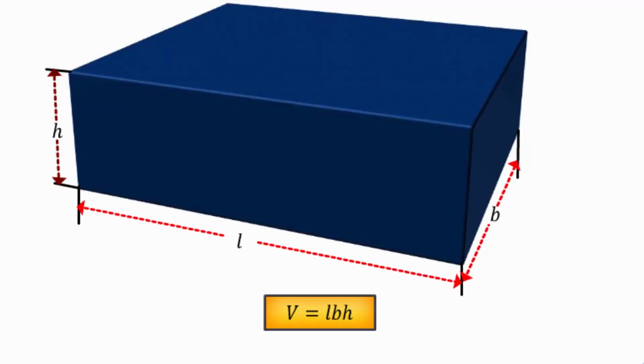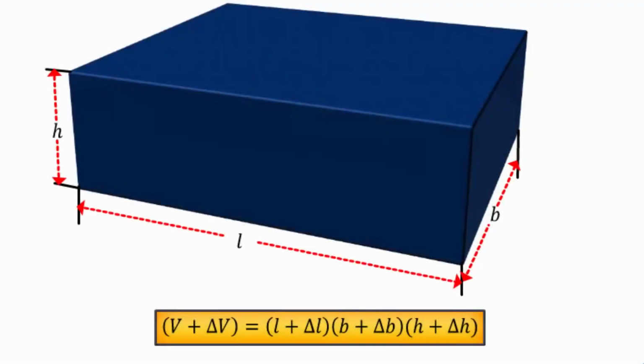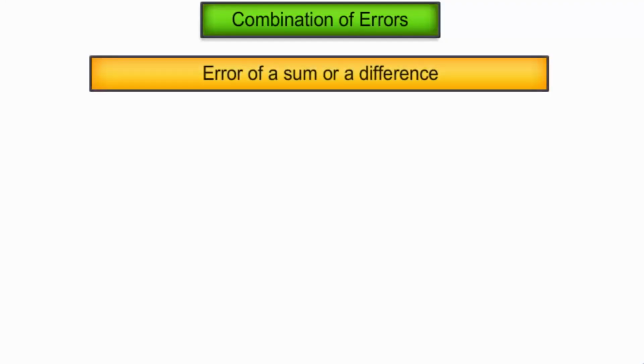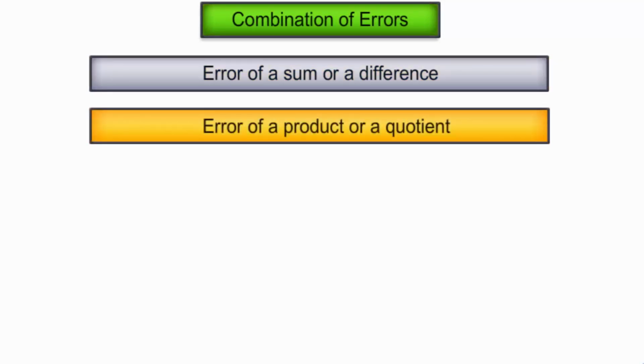If there is an error in measurement in length, breadth, and height, then the error in volume will reflect the combined effect of all three errors due to mathematical operations. Some common combination errors are error of a sum or a difference, error of a product or a quotient, or error in case of a measured quantity raised to a power.